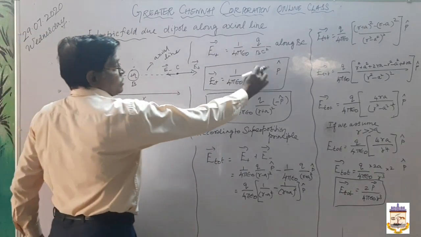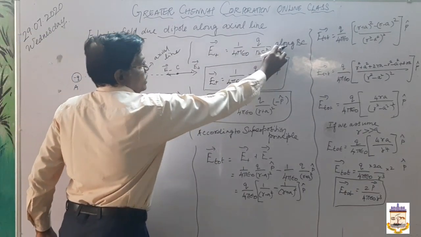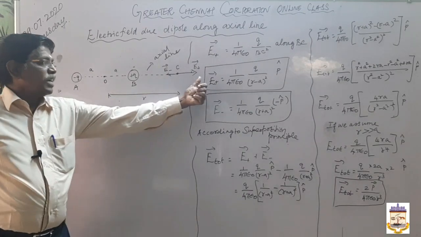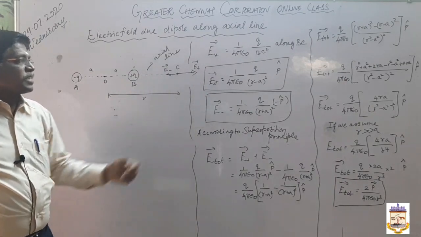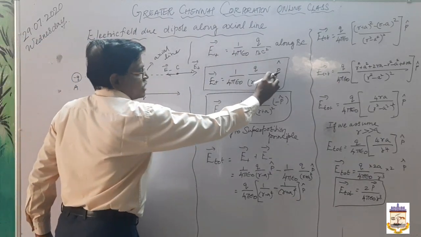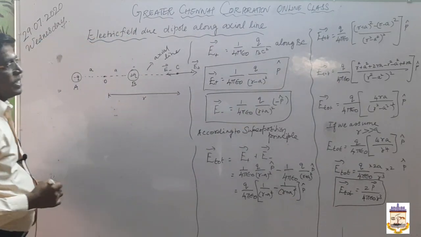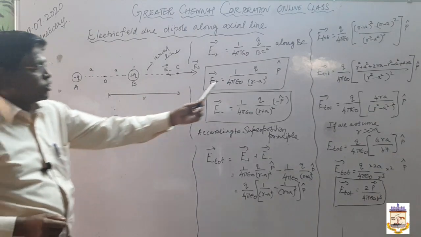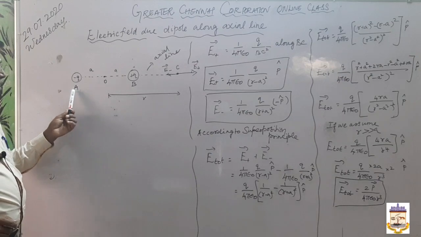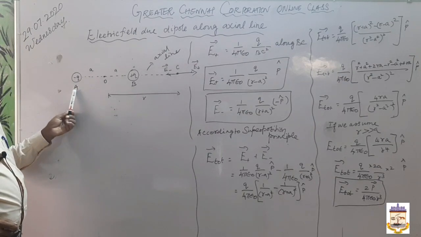The direction is mentioned. Here the field is acting along BC, in this direction. The dipole moment is from negative to positive, in this direction, so you mention the direction as positive p cap. Likewise, you can write the electric field due to the minus charge.